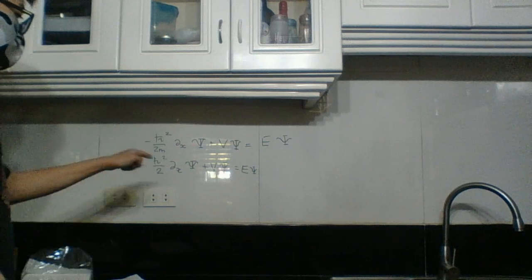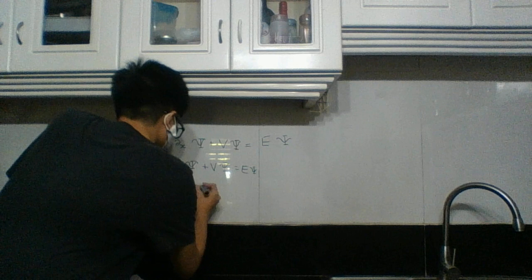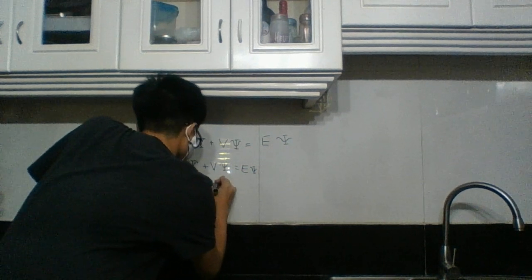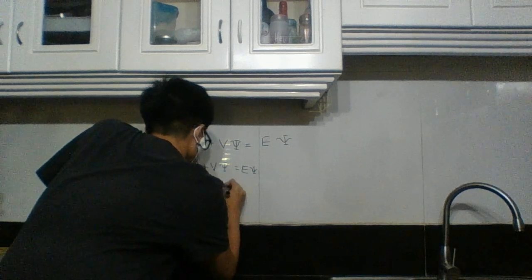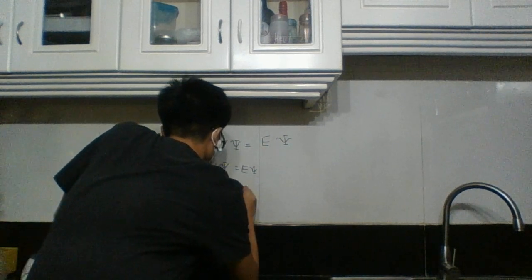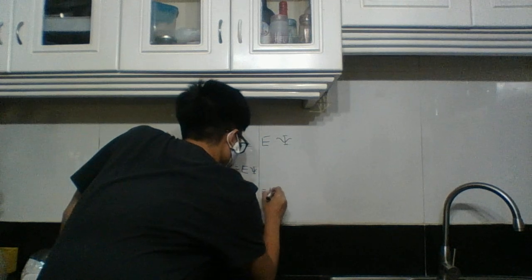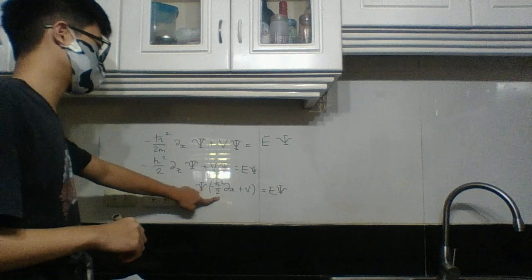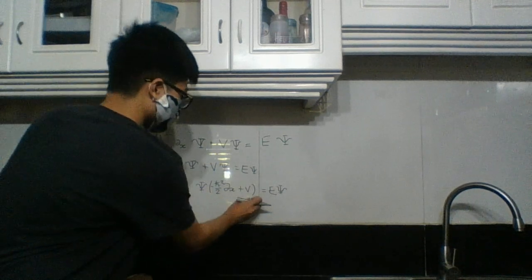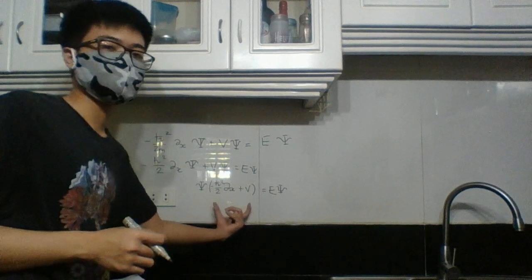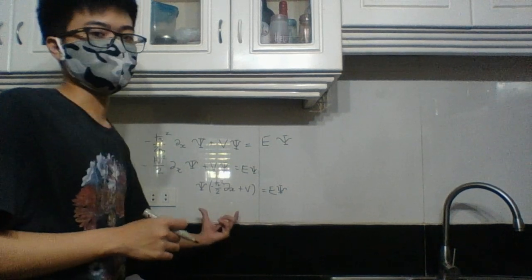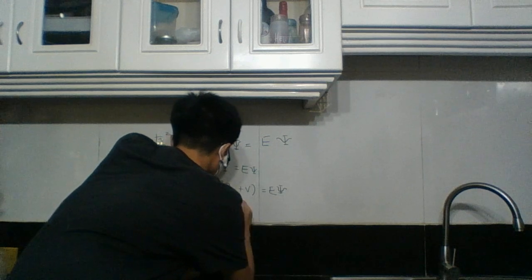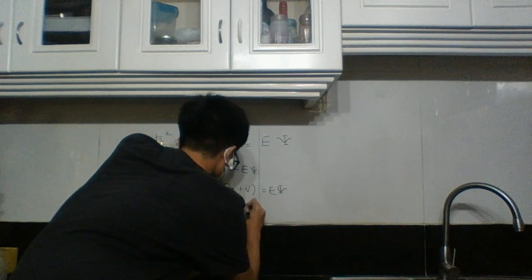And we can package this by factoring out the wave function: minus h bar squared over 2 times the partial derivative with respect to x, plus V. The entire thing is actually just the Hamiltonian operator. So this is H hat times our wave function equals E times the wave function.